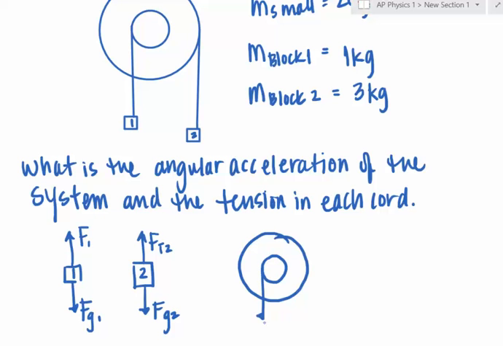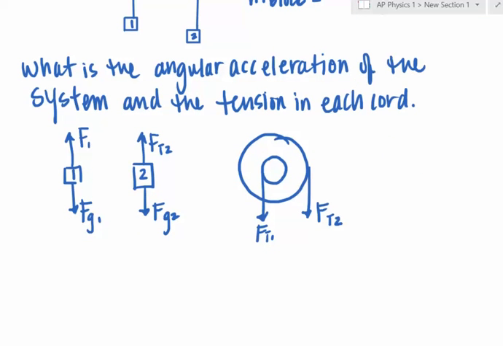And we've got an FT1 on the small radius, and we have the FT2 on the large radius. We could add in a normal force from the pivot point and the weight of the pulley, but we're not going to need that for this problem, so we'll just leave it out of our picture for now.